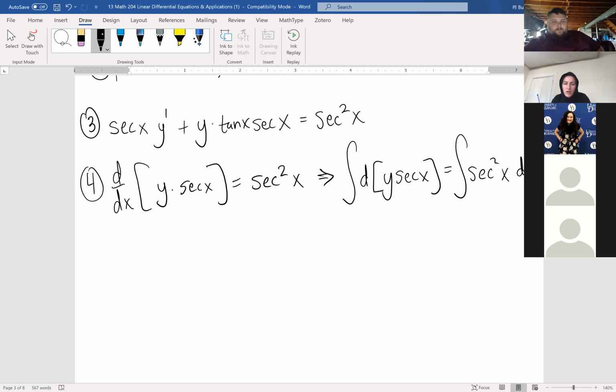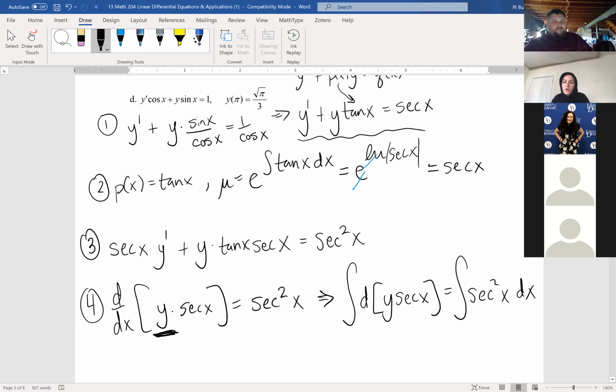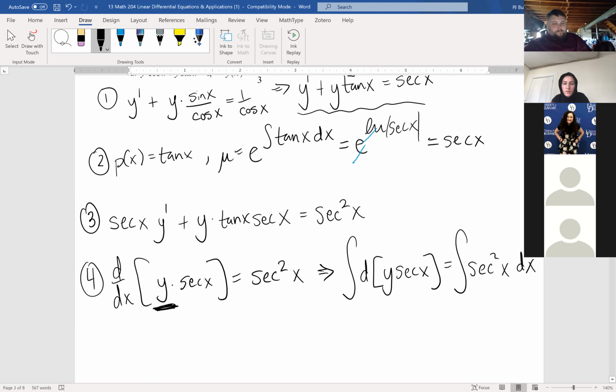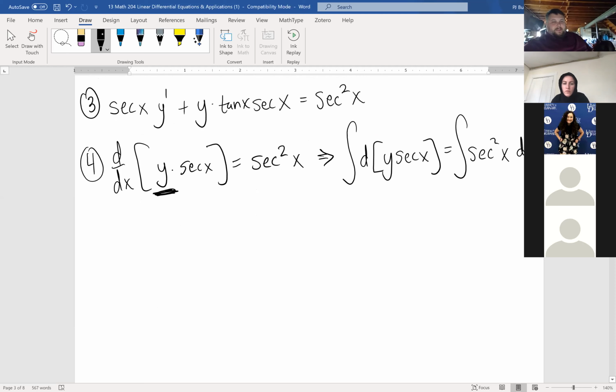So the left-hand side is always going to be the derivative with respect to the variable being used, in this case x, of whatever the differential equation is over, which is y, because we have y prime, and the integrating factor.